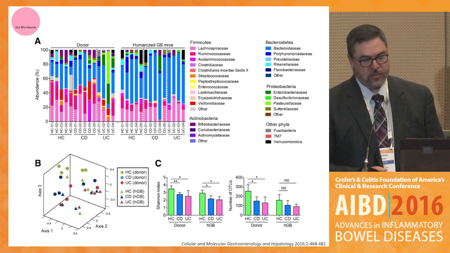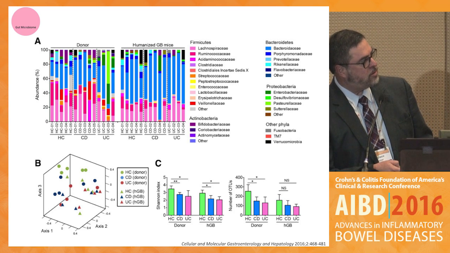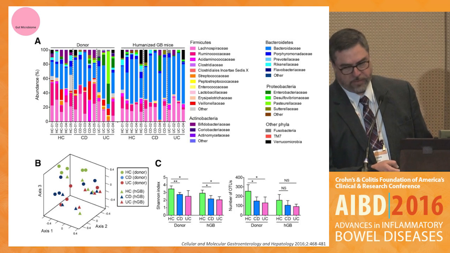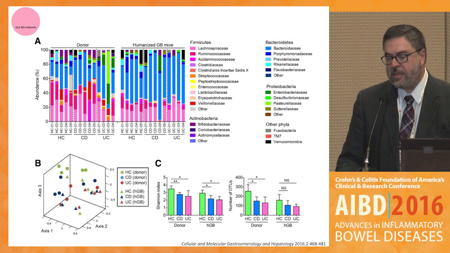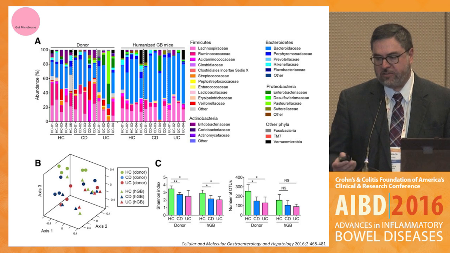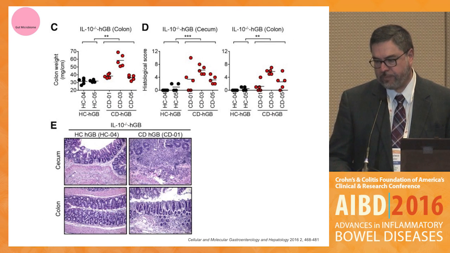So here again, you see these are the donor samples, healthy control, Crohn's, ulcerative colitis. These are the recipient samples. And, you know, there is changes as they were transferred to the mice. And then the stool was transferred to IL-10 knockout mice.